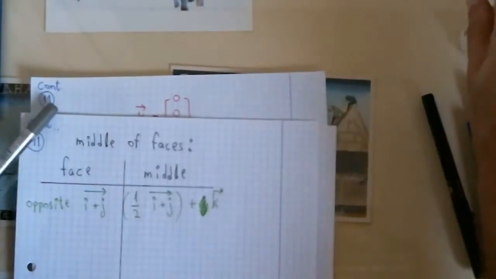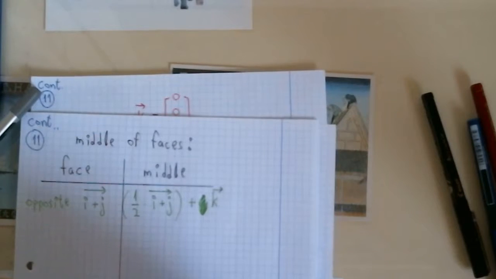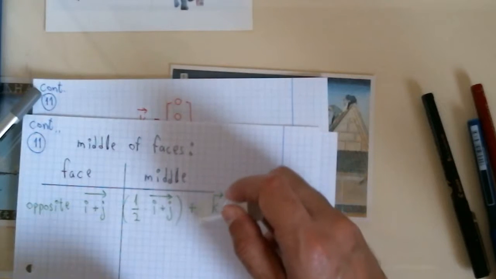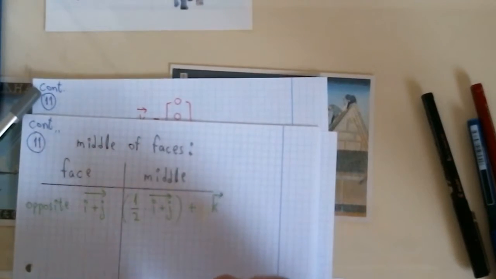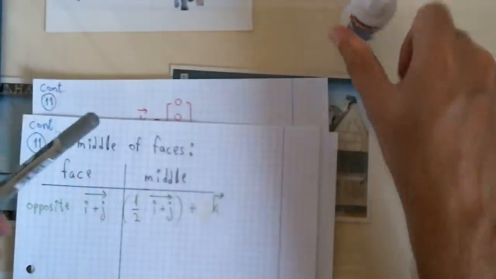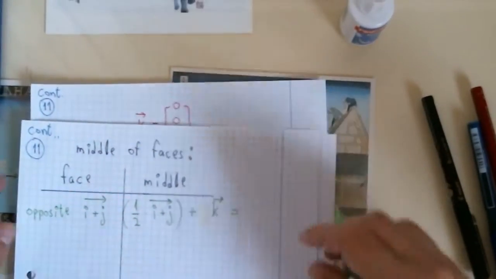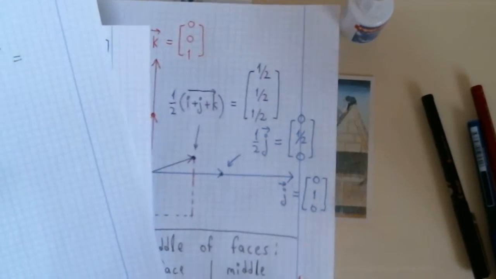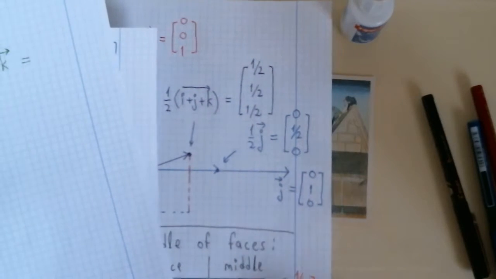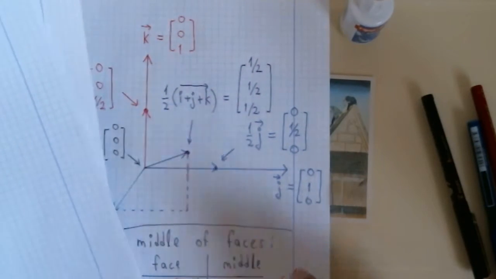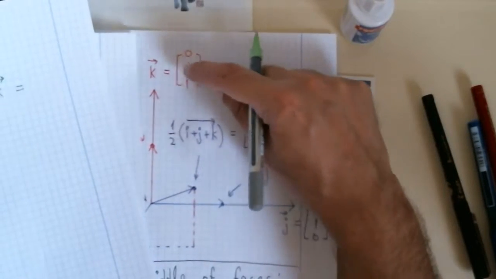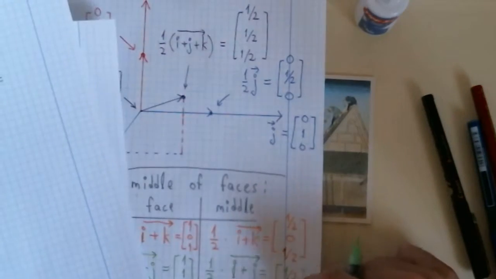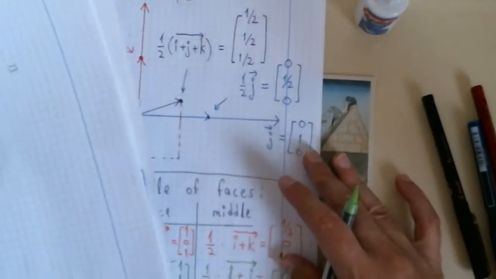So half of i plus j plus a whole k, which means half i plus half j plus 1k. How much is it? Half of i plus j is half, half, and 0, and k is 0, 0, and 1. So it would be half, half, and 1.